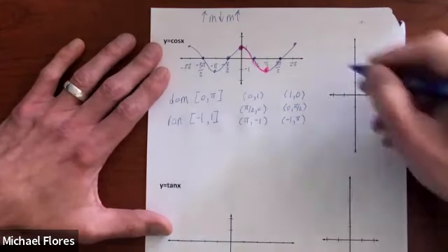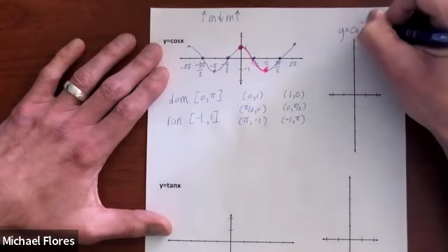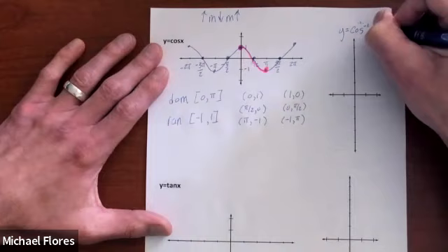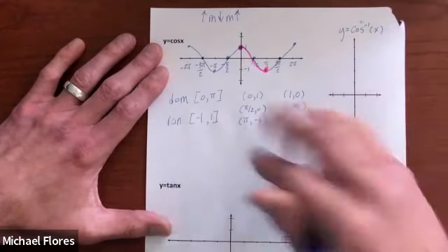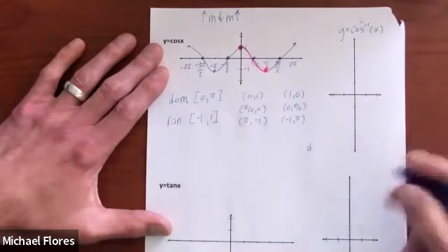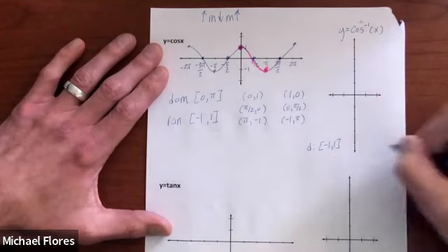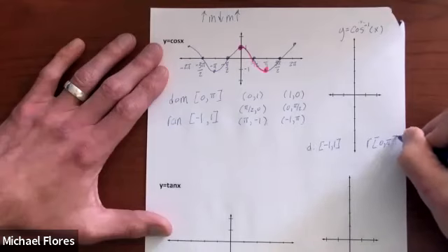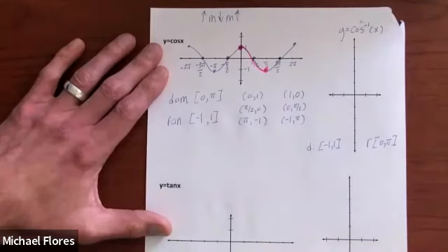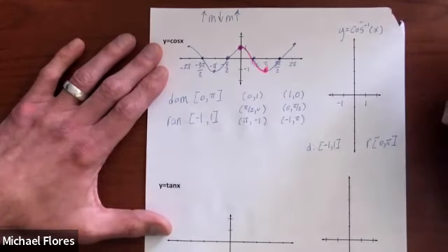Okay, our new domain for the inverse of cosine. Remember, these are going to flip roles. That domain is going to be negative 1 to 1. The range is going to be 0 to pi. So domain, negative 1, 1.